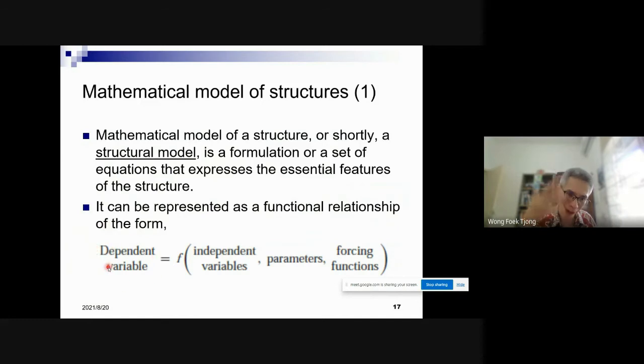We have some dependent variables, for example, displacement, bending moment, maybe shear force, as a function of independent variables, normally space and time. Then parameters, for example, material parameters, geometrical parameters, and forcing functions, which can be mechanical force, temperature, and so on. That's the mathematical function, giving a kind of relationship. So if we have the parameters and forcing functions, we can determine the values of the dependent variables.